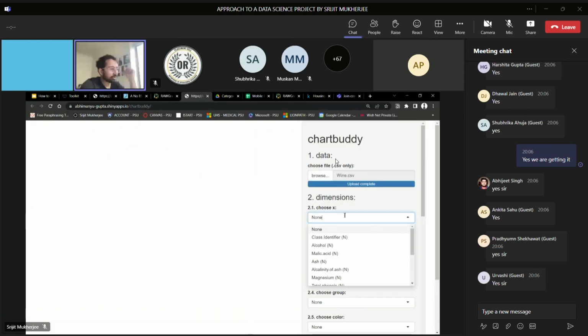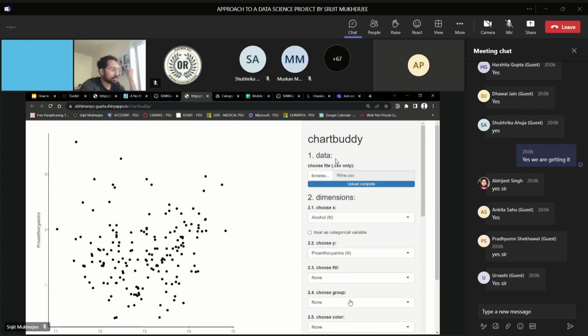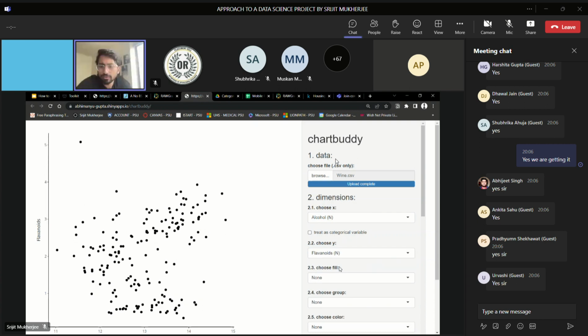So observe that it doesn't give you any information about how the data sets are behaving, any information about the clustering, right?